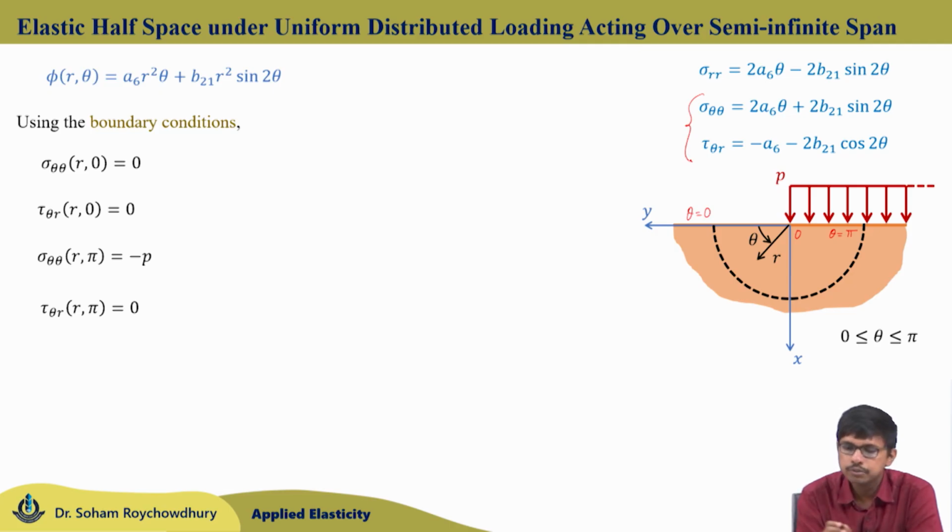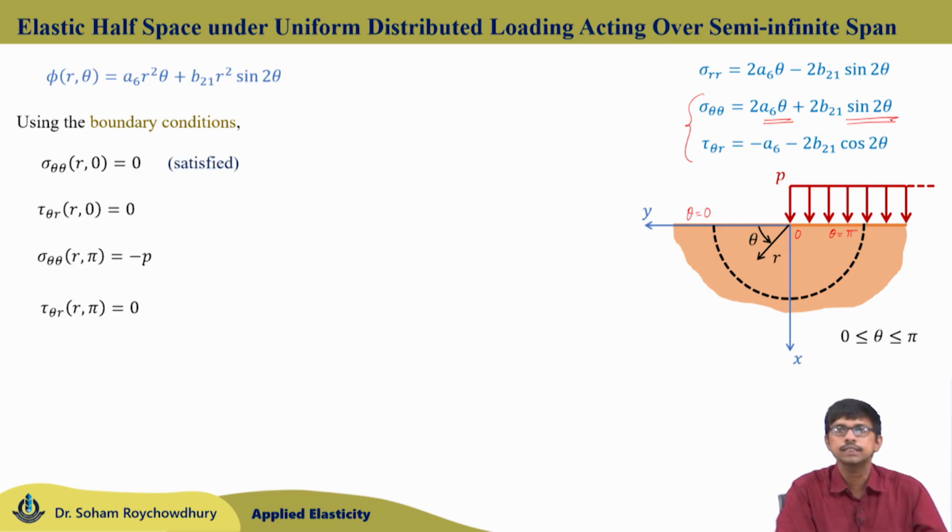Thus, using those for different values of theta, we can get these boundary conditions satisfied. Let us substitute theta equals 0 in the first boundary condition. For theta equals 0, both the theta term and the sin 2 theta term in sigma theta theta go to 0, and thus the first condition is automatically satisfied.